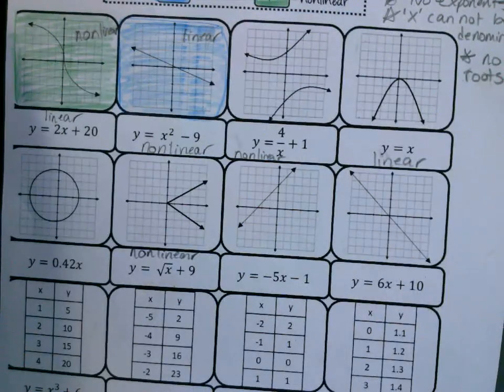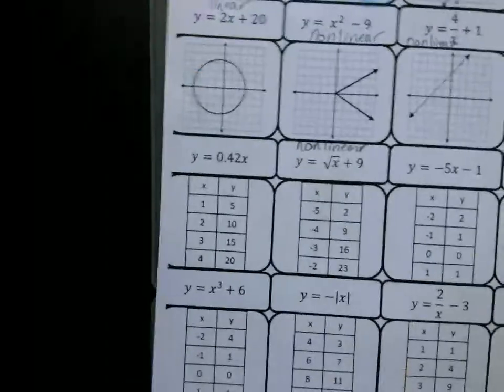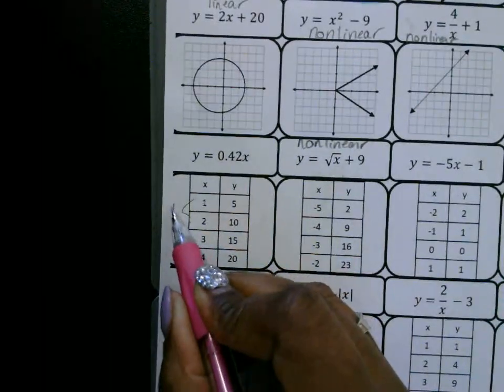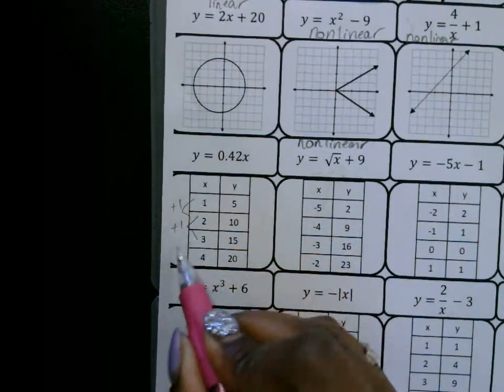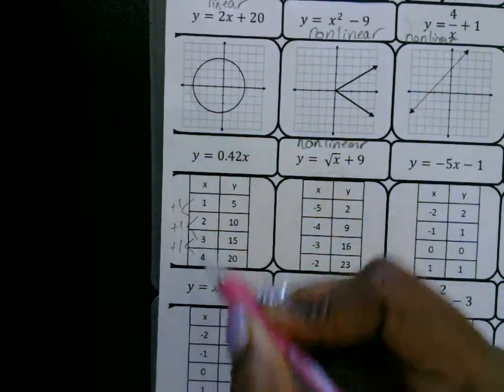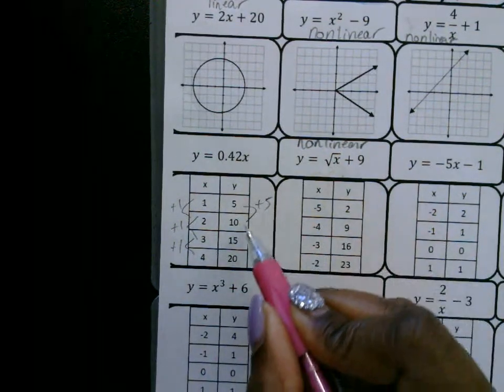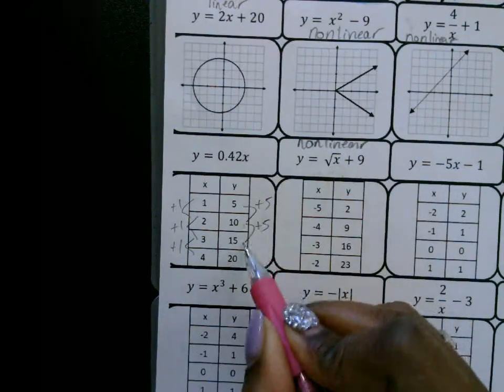All right. So the tables. For this one, this is going up by 1, up by 1, up by 1. So this side is good. This side is going up by 5, plus 5 here, plus 5 from here to here.